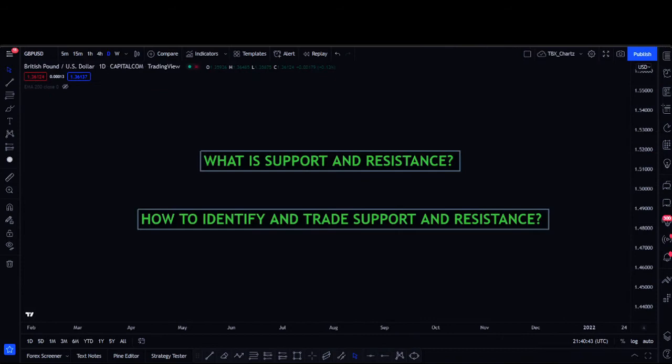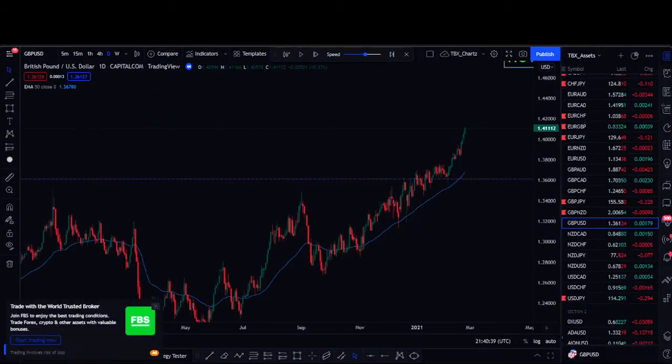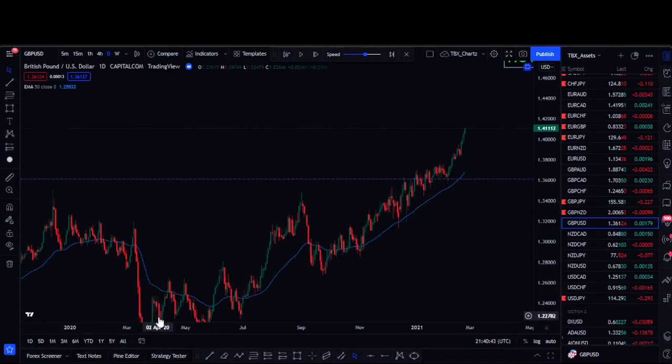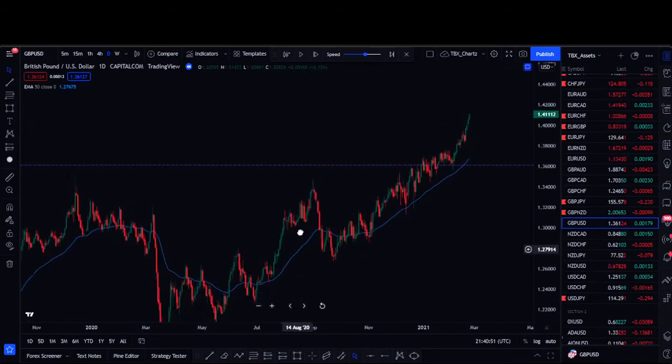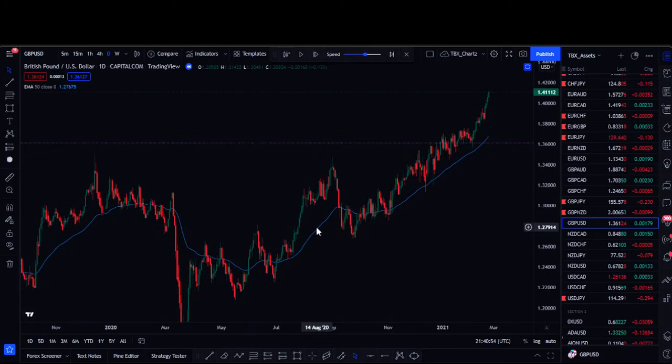But you have to note one thing, and that is support and resistance are zones in which price has been tested multiple times. If you look at this chart, in order to draw your support or your resistance, you have to look for zones, areas that have been tested multiple times by price.